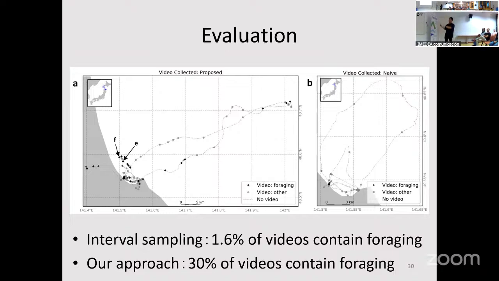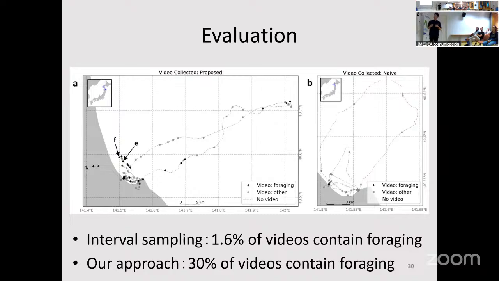We use such interval sampling. We manually checked whether each video contains foraging behavior, and only 1.6% of videos contain foraging behavior. But in our case, 30% of the videos recorded by our method contained the target behavior.